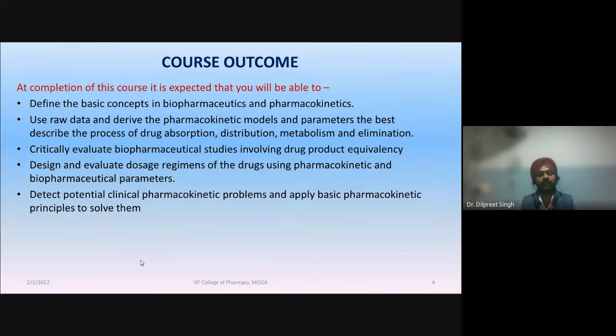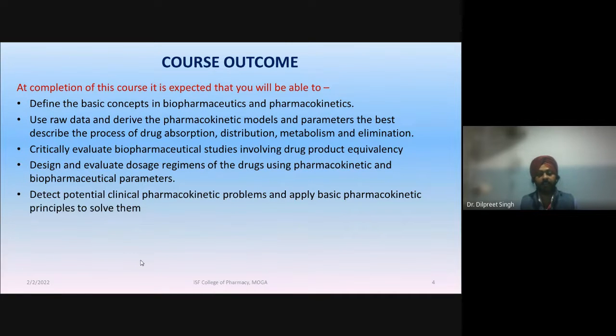It also helps to critically evaluate biopharmaceutical studies involving drug product equivalency. It is also helpful for the student to design and evaluate the dosage regimen. This is one of the important course outcomes: to set the dosage regimen, dosage frequency, and the route of the drugs using the various pharmacokinetic and biopharmaceutical parameters.